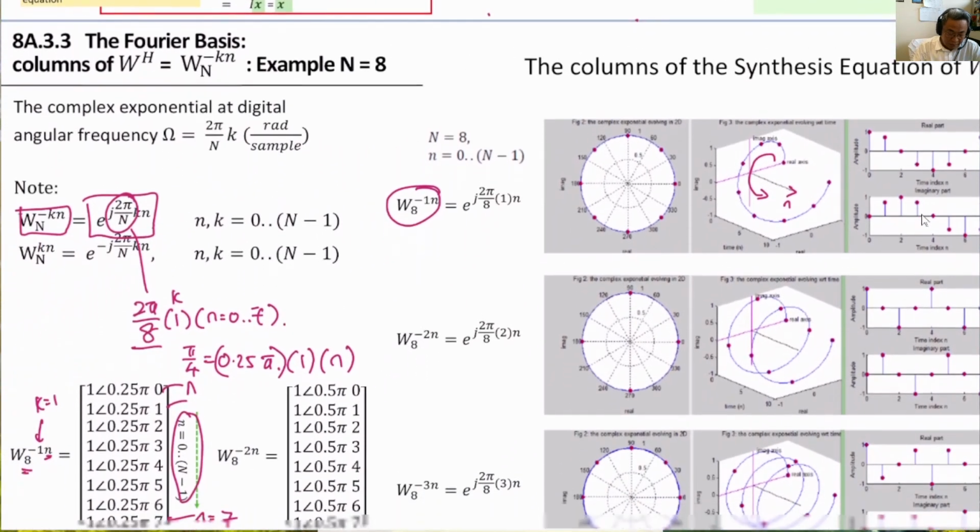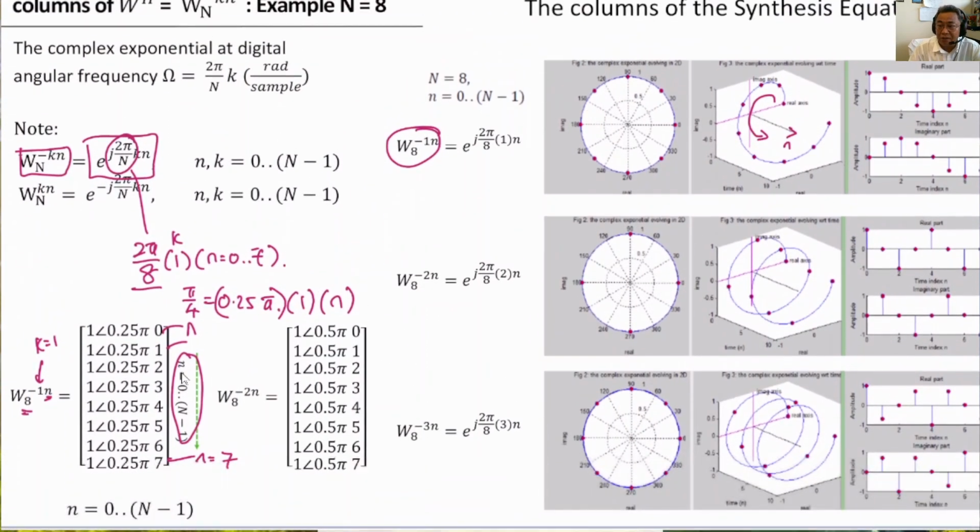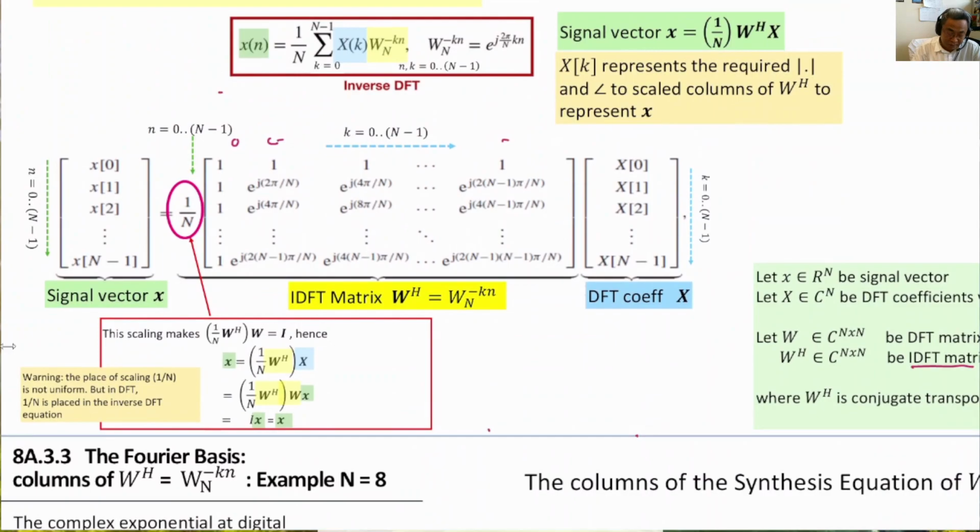So the take home: the first column, we now understand. The first column vector of the W matrix represents a complex exponential rotating one complete cycle using N samples. Now what about the second one? So let's see.